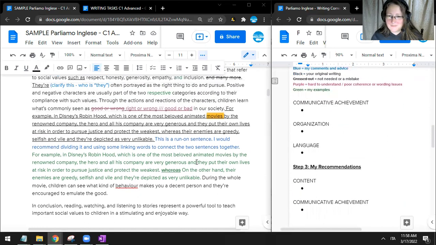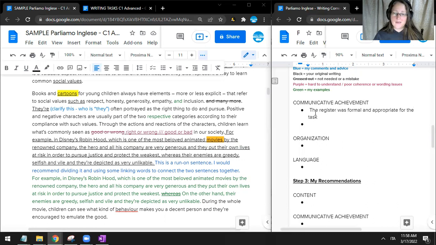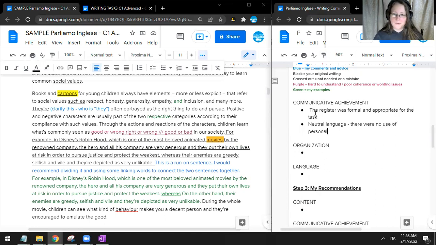Communicative achievement typically has to do with the style, how it was written, the kind of phrases that we use. The register was formal and appropriate for the task. It was nice neutral language. There was no use of personal pronouns.